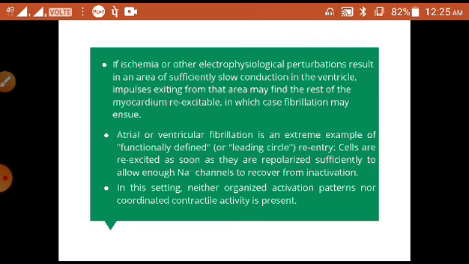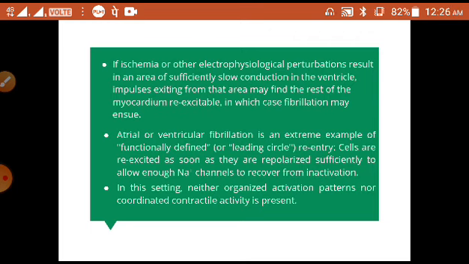And in that way they are generating additional impulses, and because of these additional impulses, the fibrillation condition is caused. So atrial or ventricular fibrillation is an extreme example of functionally defined re-entry, right?